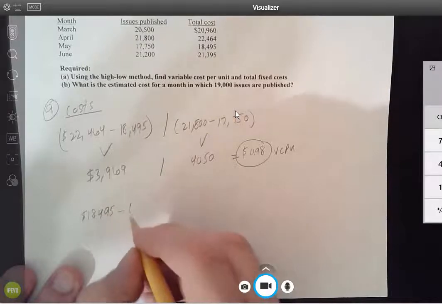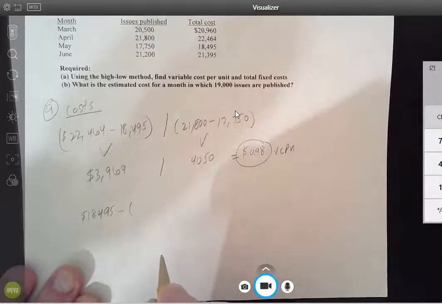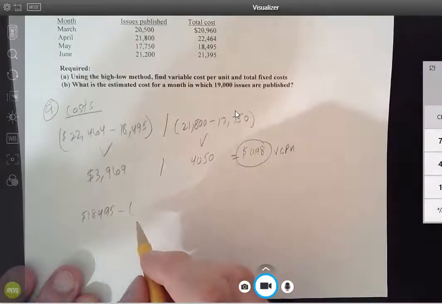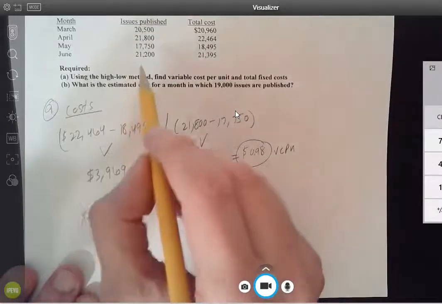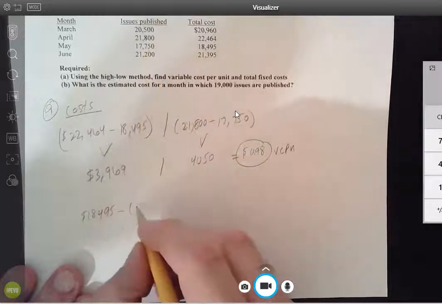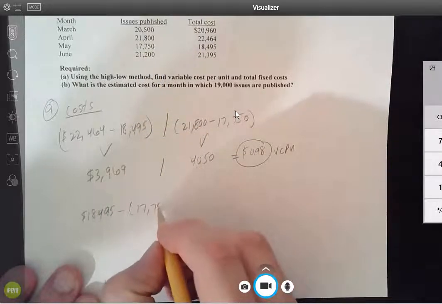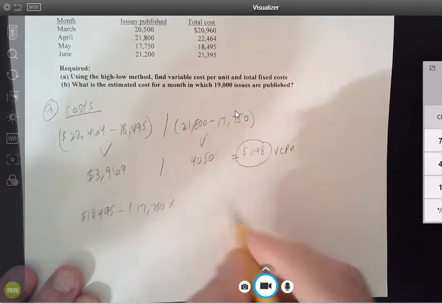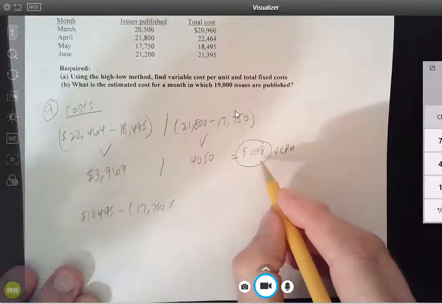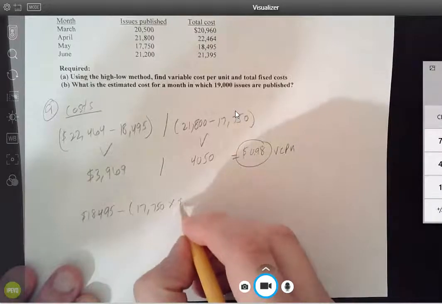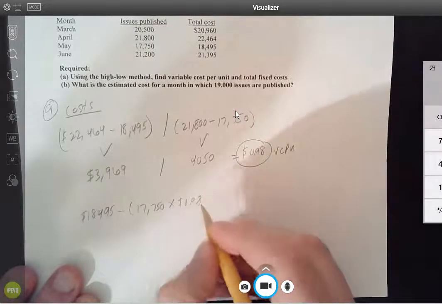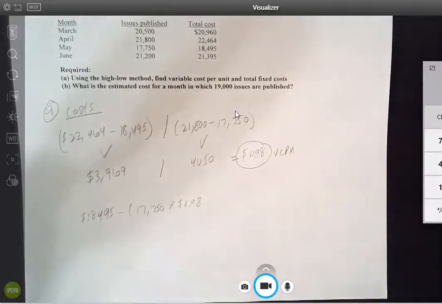And what we're going to do is we have to get those variable costs out to figure out what fixed cost component is. So we're going to now subtract our low quantity of 17,750 times our variable cost per unit, or 0.98.